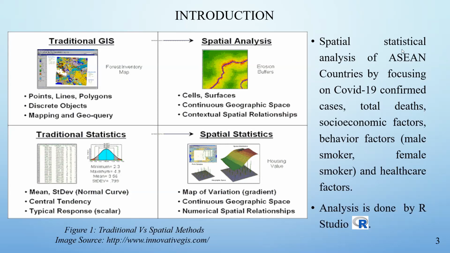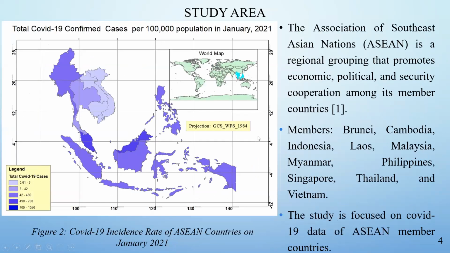The spatial statistical analysis of ASEAN countries focuses on COVID-19 confirmed cases, total deaths, and socioeconomic and behavior factors. Behavior factors mean male smokers and female smokers, and the healthcare factor is also included. This analysis was done using RStudio. Since we are living in Thailand, you may be aware of what ASEAN is.